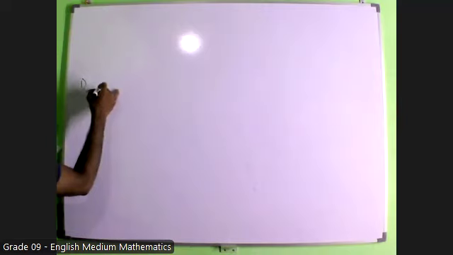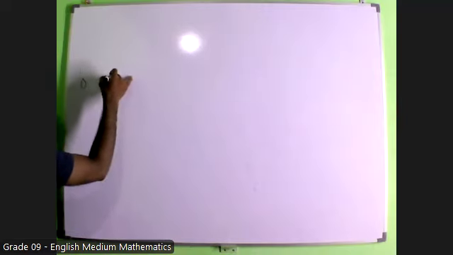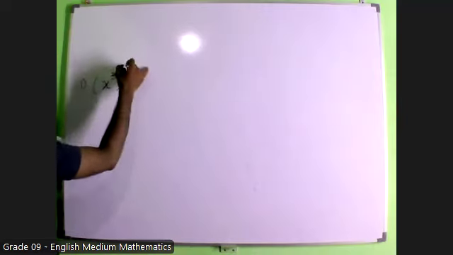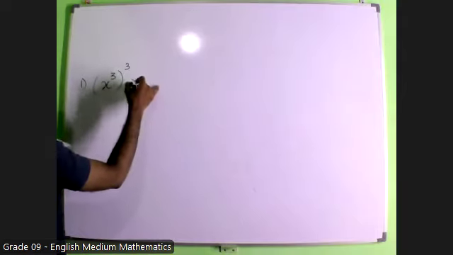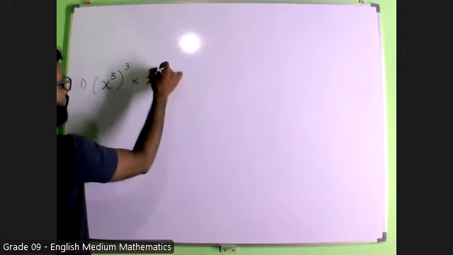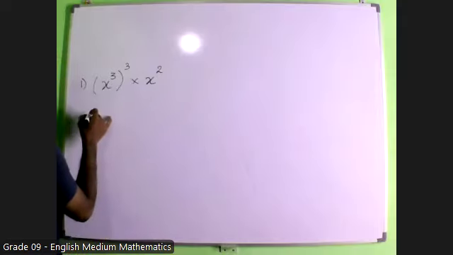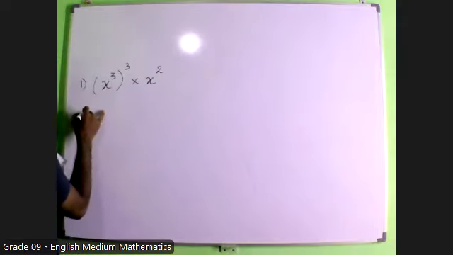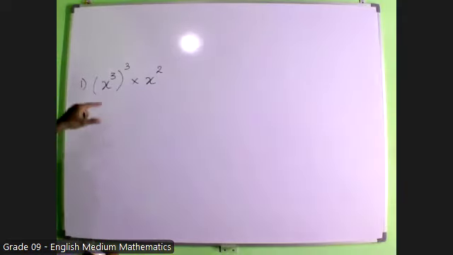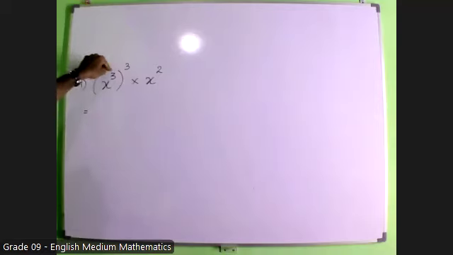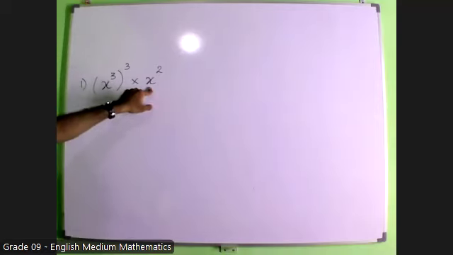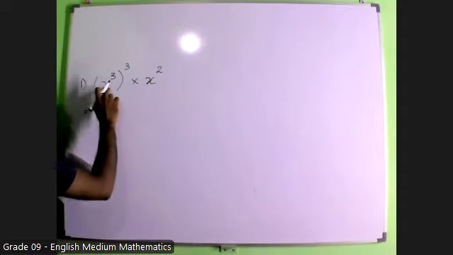Example 1: x to the power 3, to the power 3, multiplied by x to the power 2. How do you do this? Power of powers, and then you multiply it by x to the power 2. Tell me the answer for this one.